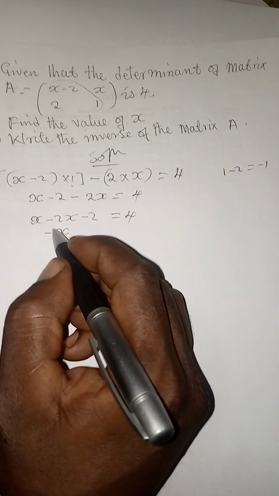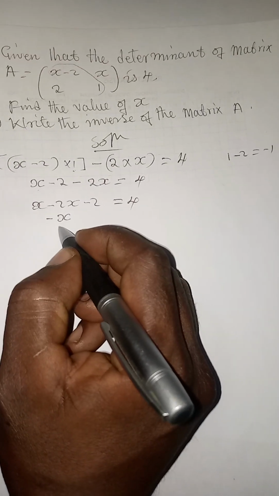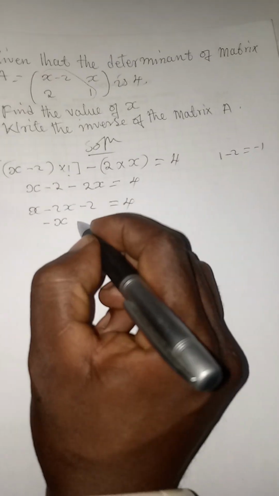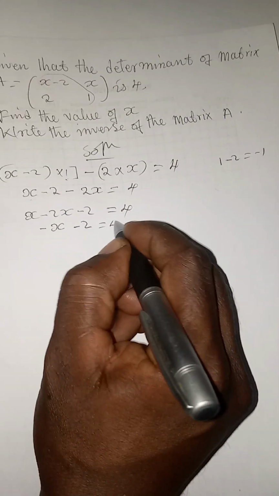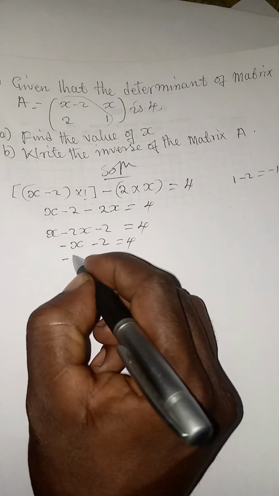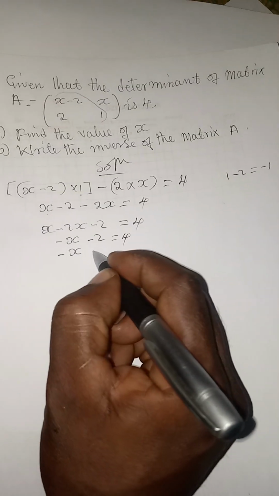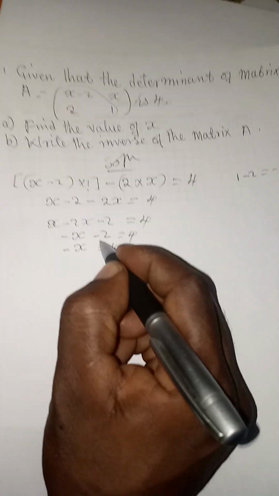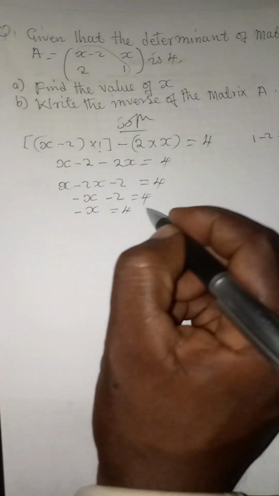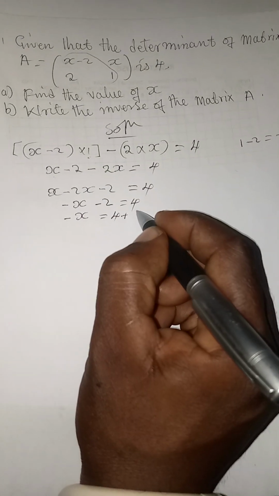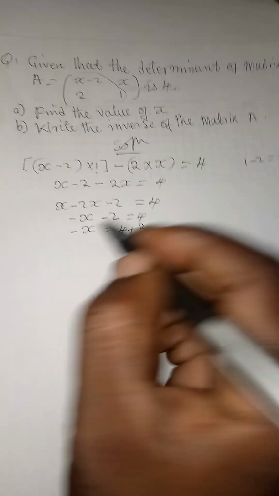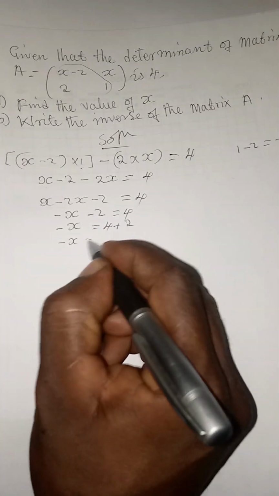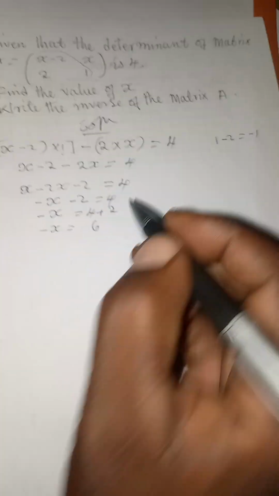So x minus 2x is negative x, minus 2 is equal to 4. So minus x stays there, and when this negative 2 jumps the line, it becomes plus 2. So minus x is equal to 4 plus 2, which is 6.